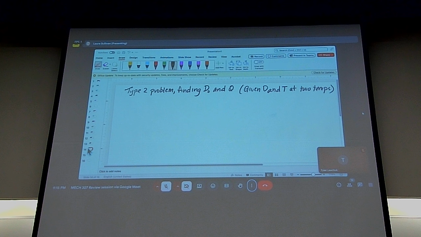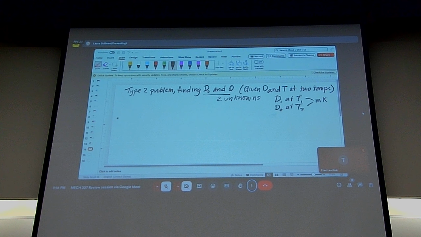Yeah, here. All right, so this is the other kind of question for finding relationships between diffusivity and temperature. And in this case, we have 2 unknowns, which means we need two equations. So, let's say I've got D1 at T1 and D2 at T2, and you want to make sure that these are in Kelvin.